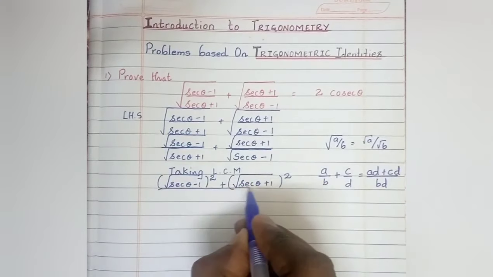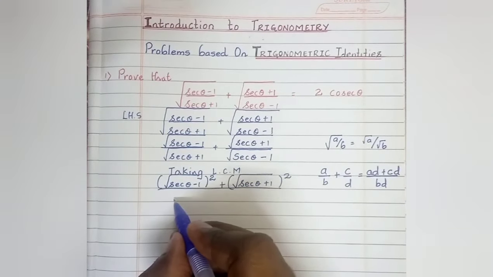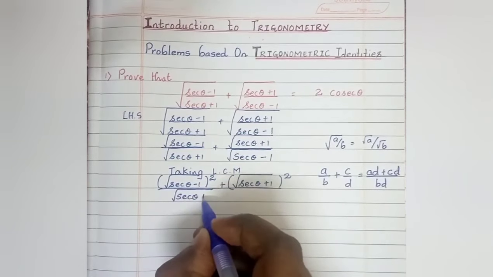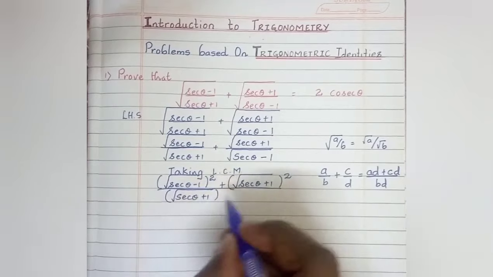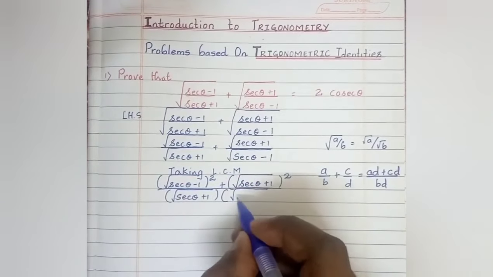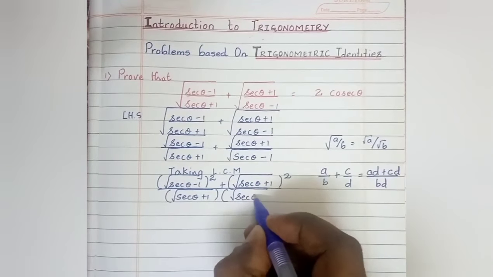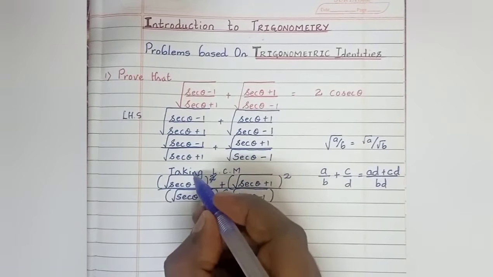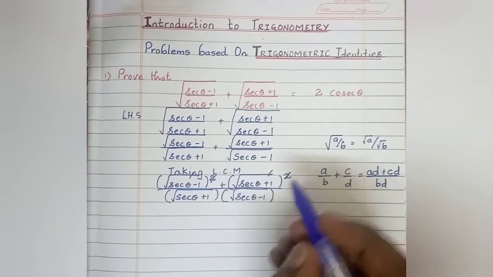whole divided by, now root secant theta plus 1 into root secant theta minus 1. Now square and square root will cancel out.